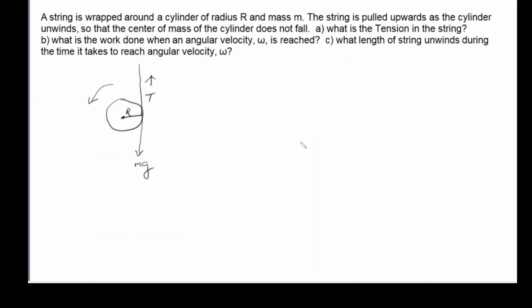For the last part, we want to know what length of string unwinds during the time it takes to reach angular velocity omega.